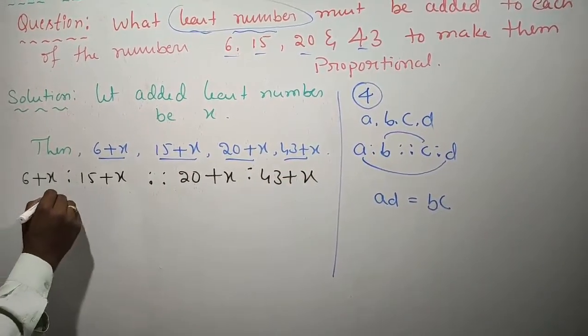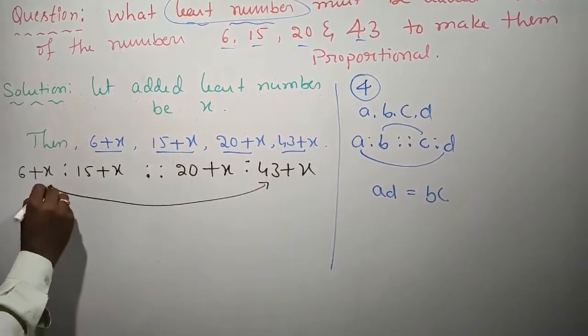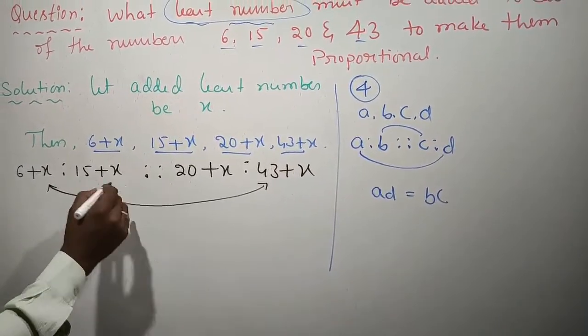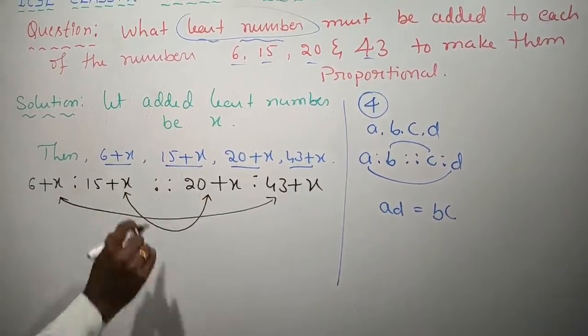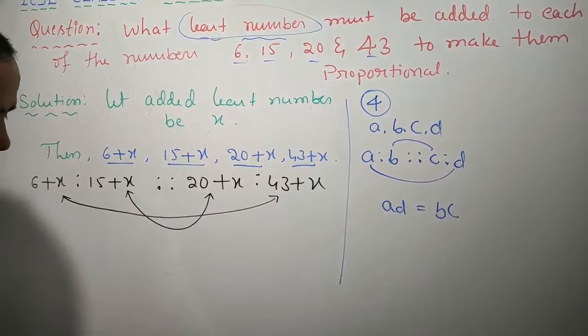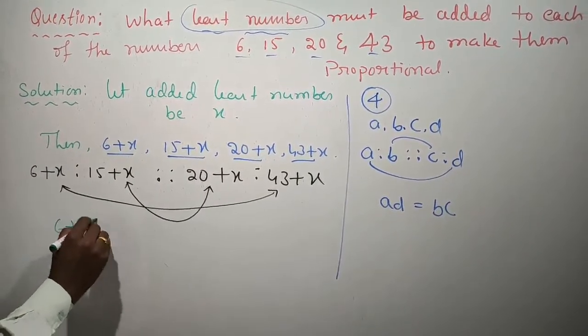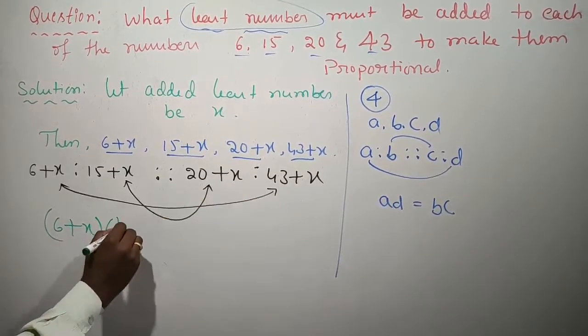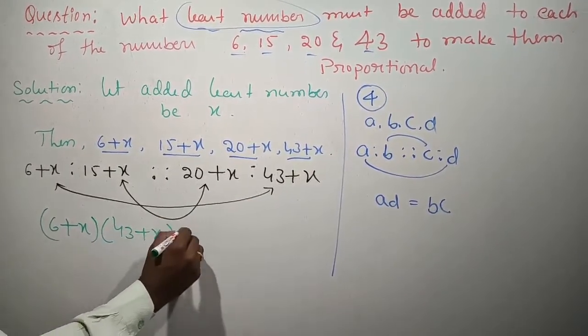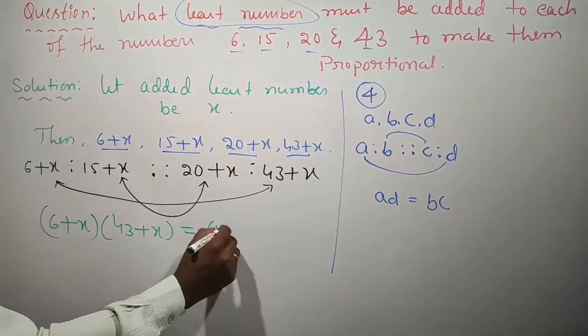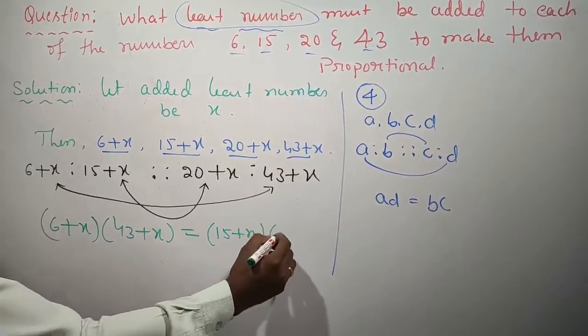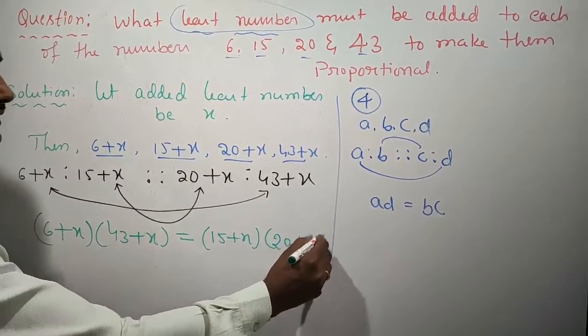Now you know the product of extreme terms is equal to the product of mean terms, children. Now 6 plus x into 43 plus x is equal to 15 plus x into 20 plus x, children.